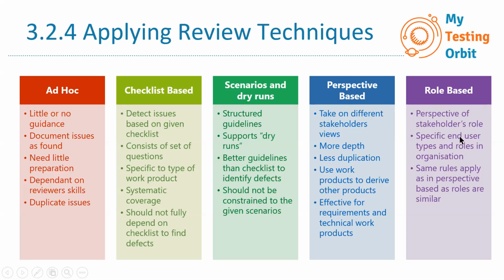Specifically end user types and roles in the organization. Maybe the roles are not defined, and we may be mixing perspective based and role based together. That can be done as well, but here it is specifically about the end user types and the roles in the organization.